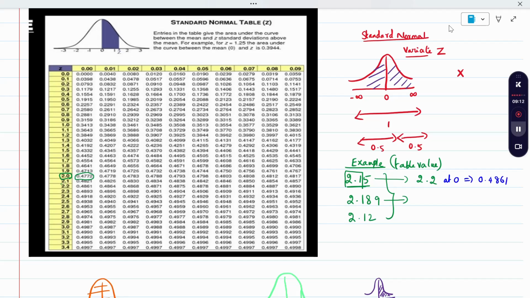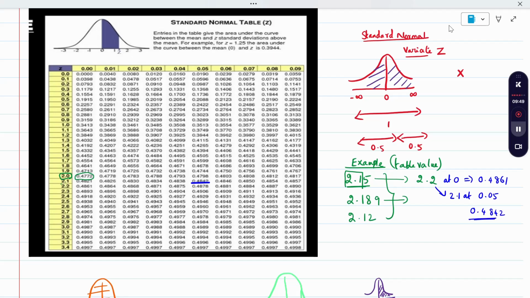Now, as I told, 2.1, the same. 2.1 at 0.05. When I see the table value, 2.1 at this, the answer is 0.482, 0.4842.